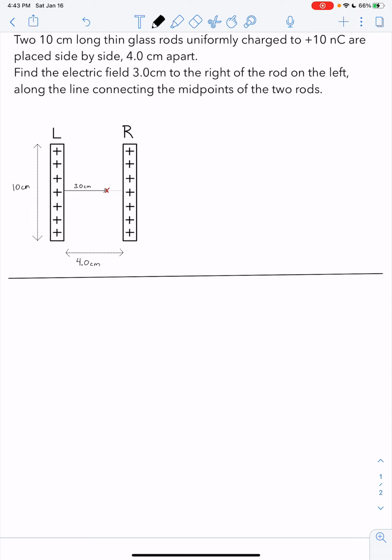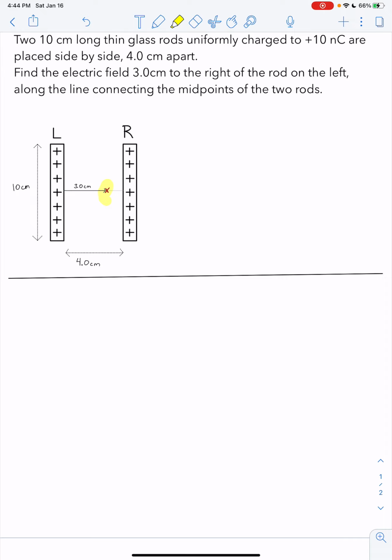Okay, so I've drawn this out. These questions are really important to get the geometry right. So we have two rods, same length, 10 centimeters, and they're 4 centimeters apart. The point of interest I've drawn as the red X here.